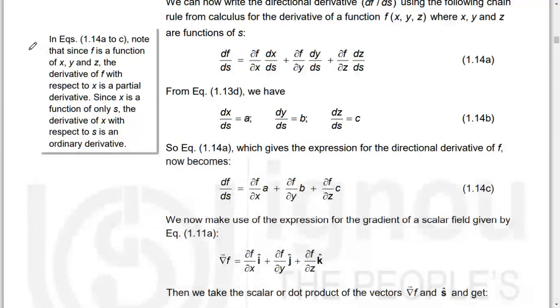In equation A, note that since f is a function of x, y, and z, the derivative of f with respect to x is a partial derivative. Since x is a function of only s, the derivative of x with respect to s is an ordinary derivative.